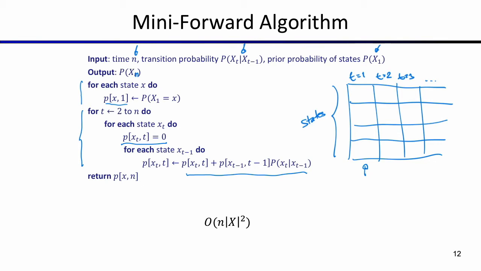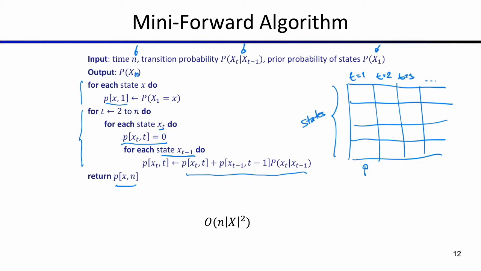So we're going to look for all possible previous states xt minus 1, and I'm going to accumulate the probability of being in that state times the probability of switching from that state to the state that we are specifying at xt. So we're going to sum this, and at the end I will return the probability of xn. So it's going to be the probability of x at the time n. That is what we are looking for.